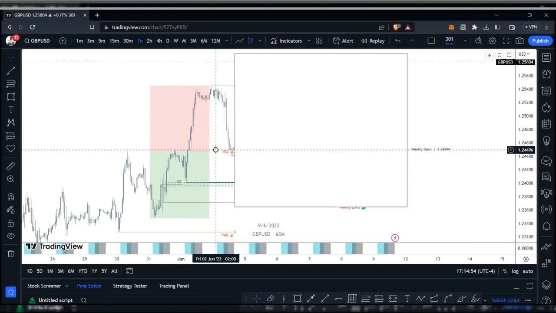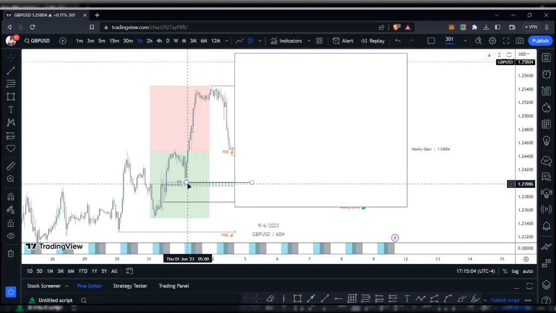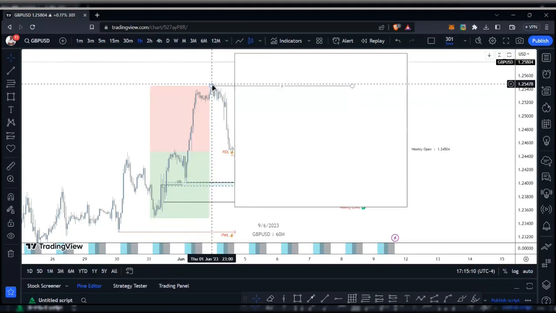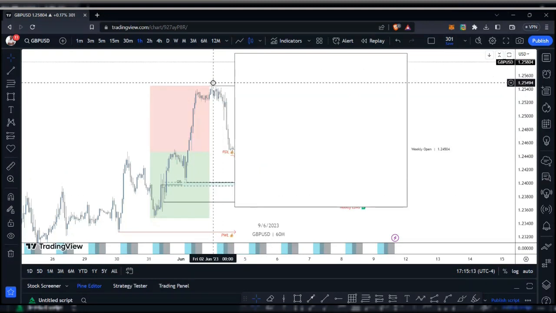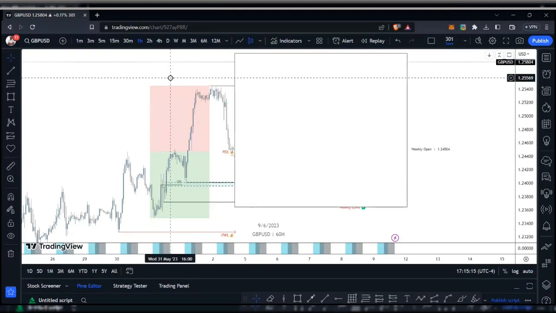And remember from my video way back, if you can remember, that there's a format to internal and external liquidity, that when we take internal liquidity, we then have permission to do what? To take external liquidity, which then means price was going to run this low and then go to this high. Of course, we have hindsight, we've seen it, but that was what everyone should have been expecting.